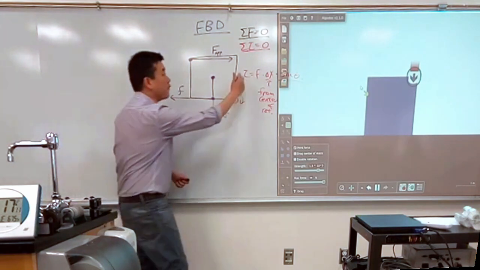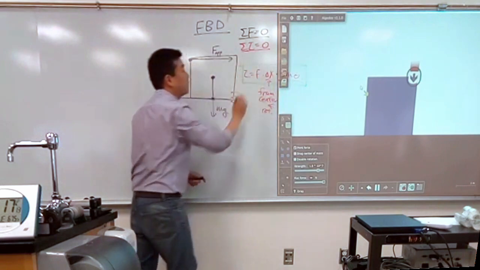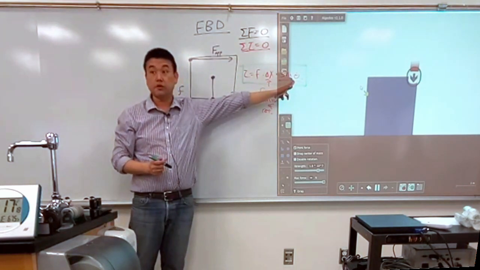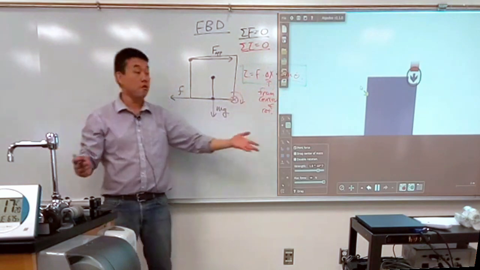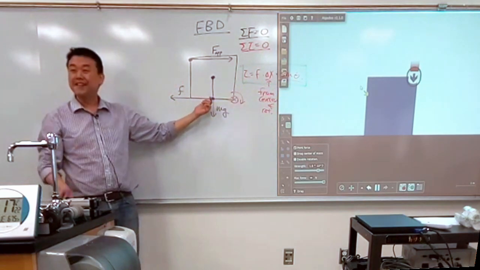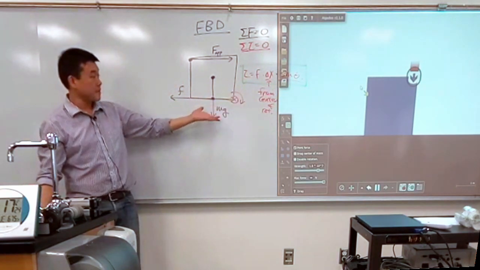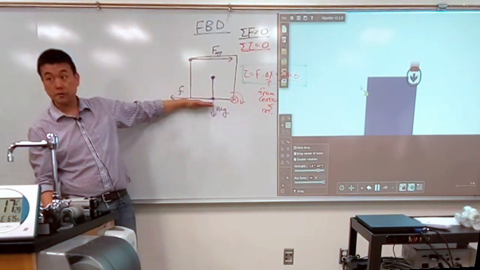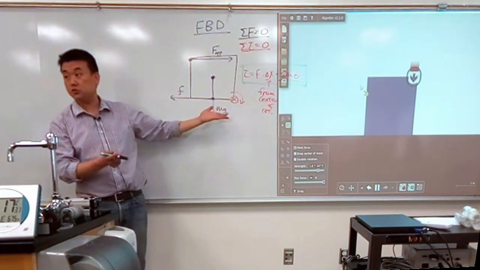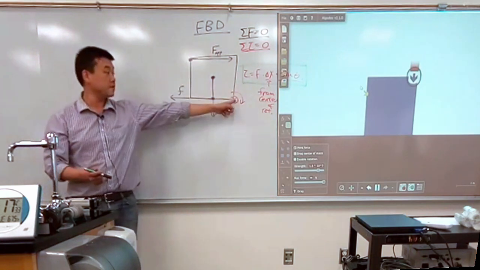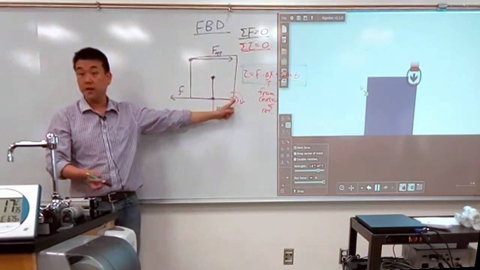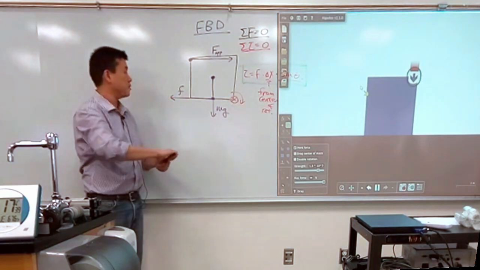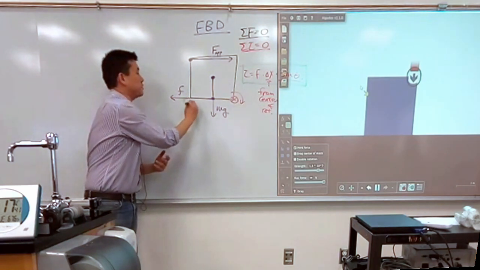Or you can fall back on the definition we wrote down. What is sine theta for friction? 0 or 180, whichever. Here it's actually 0 degrees, and sine of 0 degrees is 0. So friction doesn't cause any torque. This is the point about which we are trying to rotate, and friction is going radially outward. It's not trying to cause any rotation. So the torque due to friction is 0.